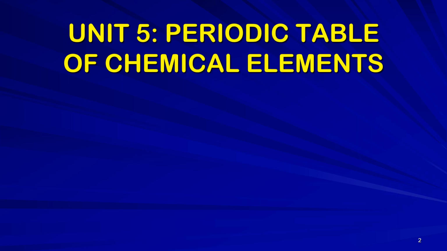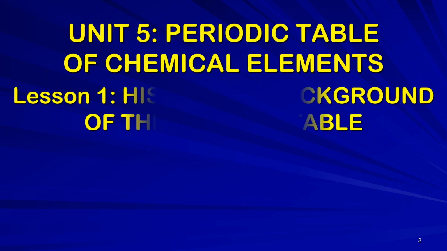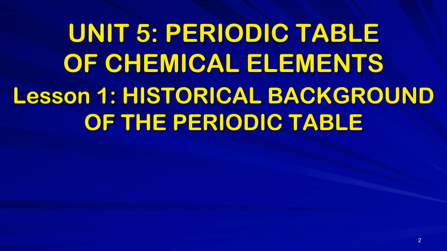Today we are starting unit number 5, and that is the periodic table of chemical elements. The first lesson is the historical background of the periodic table. In this lesson we will discuss how different scientists tried to classify chemical elements in a coherent order.